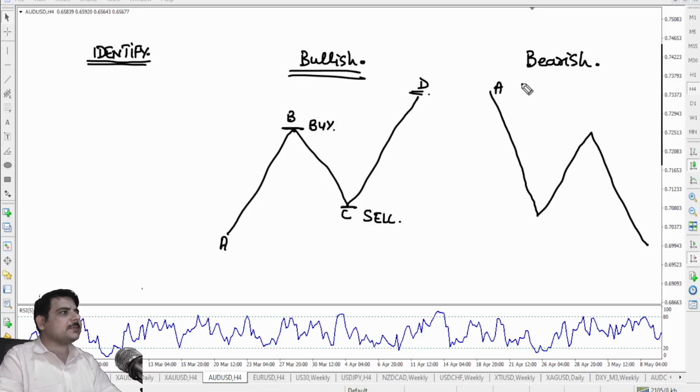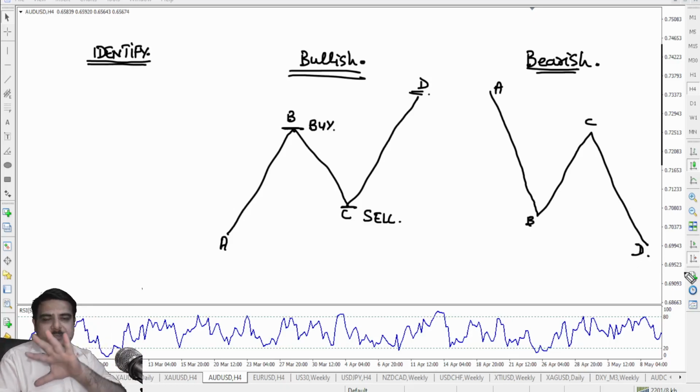So this is the bearish one. Keep that in mind. It will help you when I give it a practical try on the live charts. So A, B, and that's going to be the C, and that's going to be the D. There are certain rules that I will be giving you about it, but you have to stay with me for that.